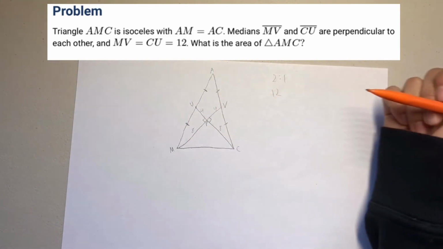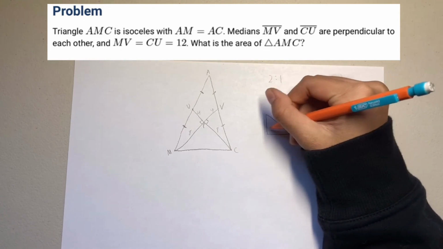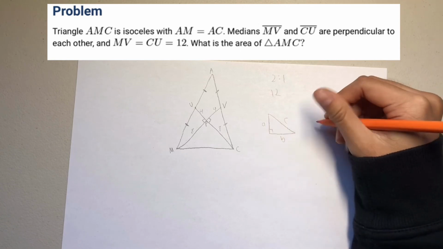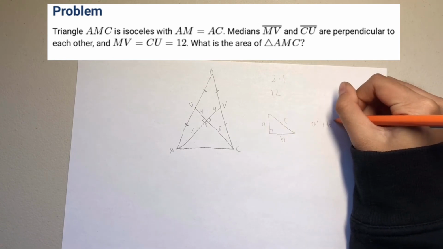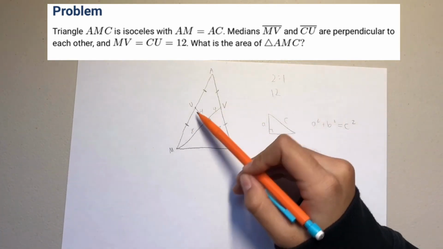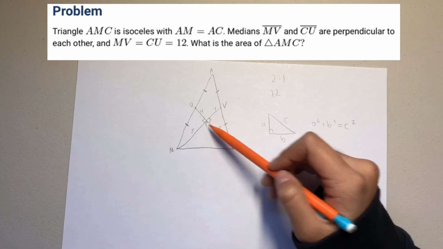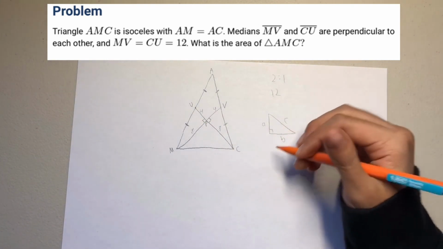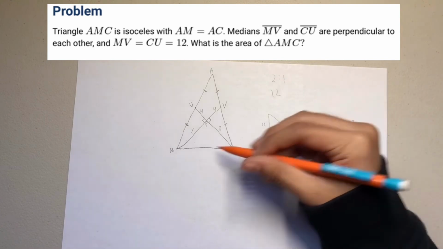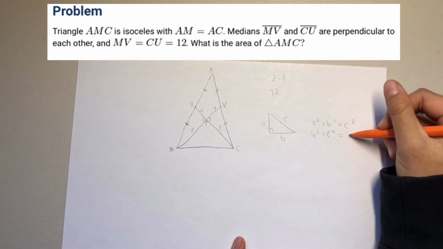Now, using the Pythagorean theorem, which is for any right triangle with sides A, B, and C, a squared plus b squared is equal to c squared. We can apply that to triangle MUP and VPC. So if A is 4 and B is 8, then c squared is equal to 80.